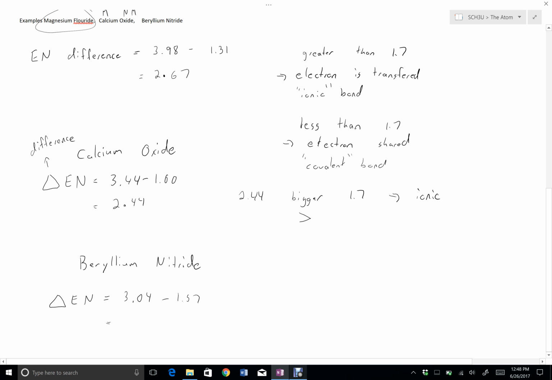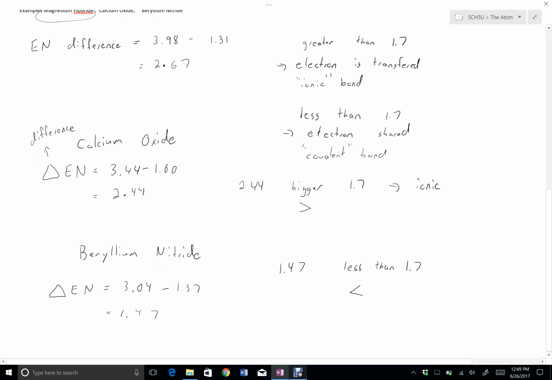So the difference here is 1.47. That is not quite big enough. 1.47 is less than 1.7.